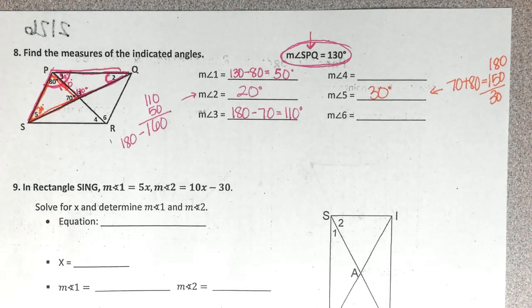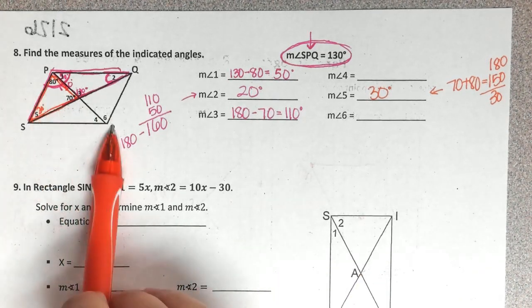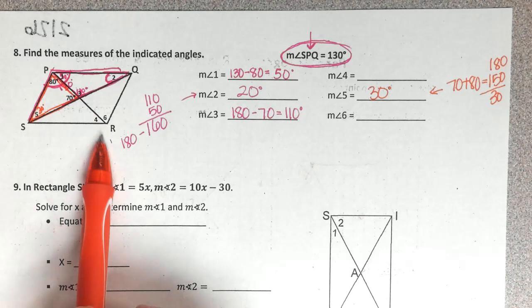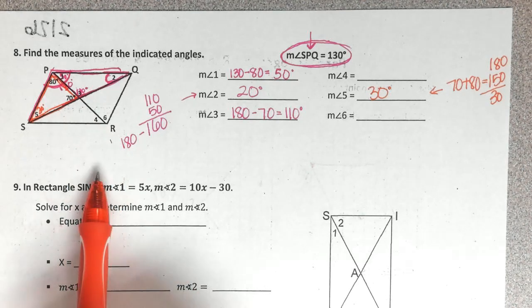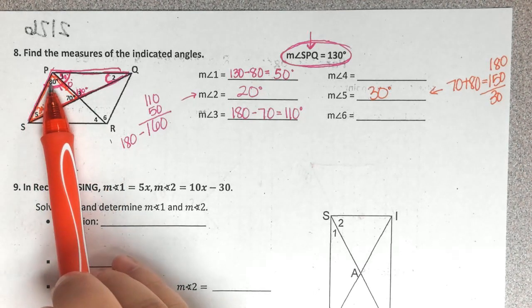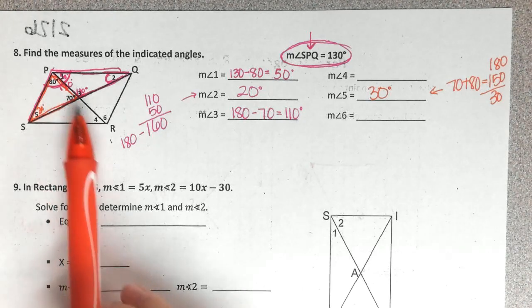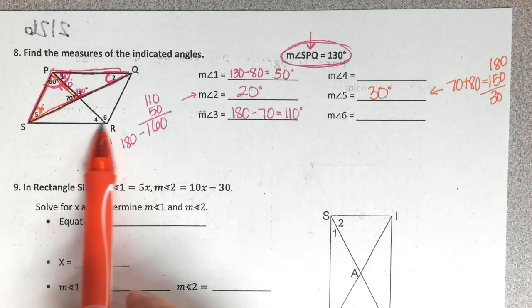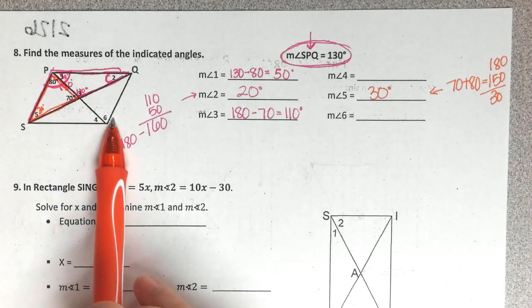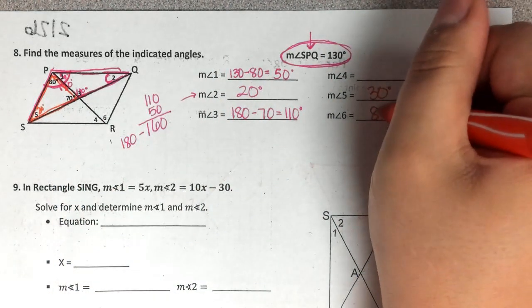Alright, I'm going to show you a trick. I need y'all to look up. The trick is, if they're across from each other on a parallelogram, you switch them. Do you see how this is 80? It is going to be across on the other side. So which one of these is 80? 4. No, across. 6.